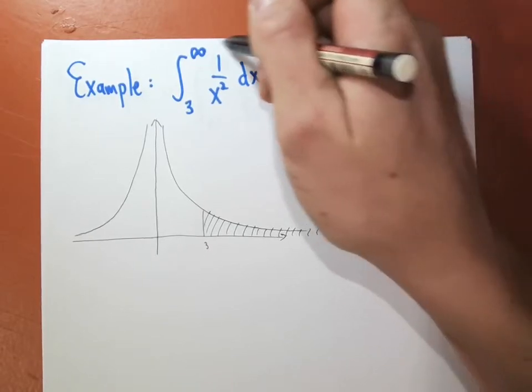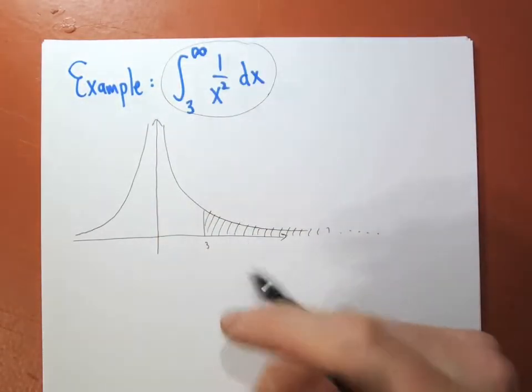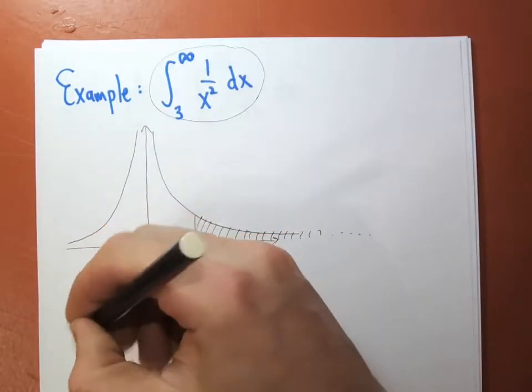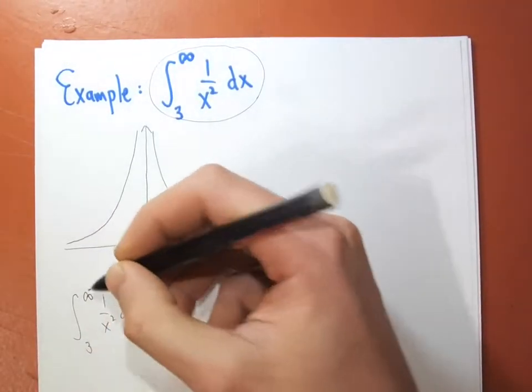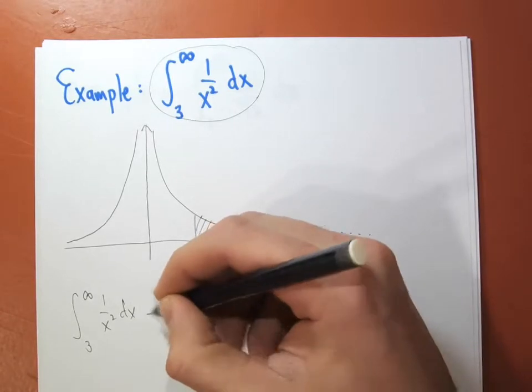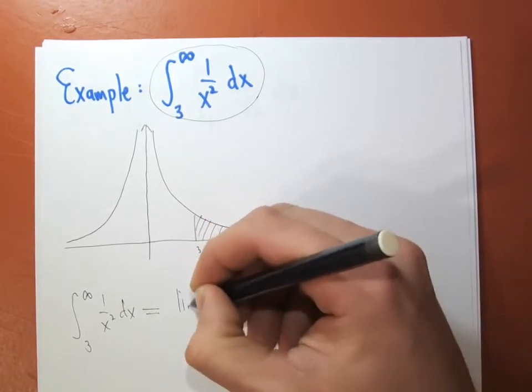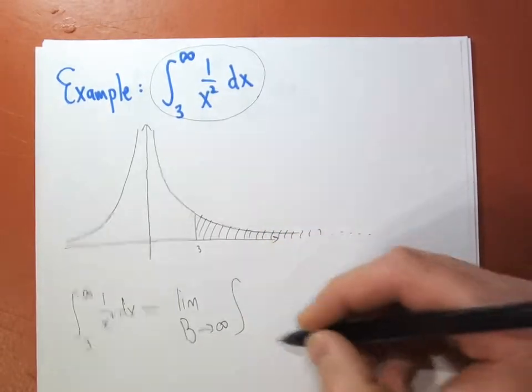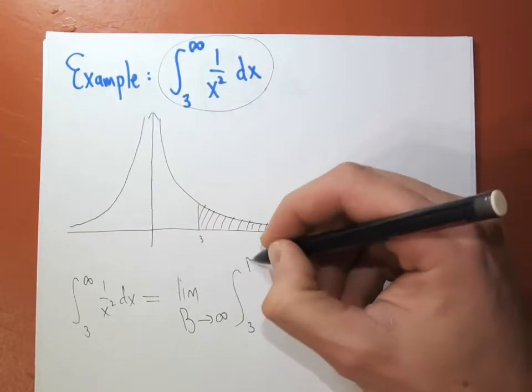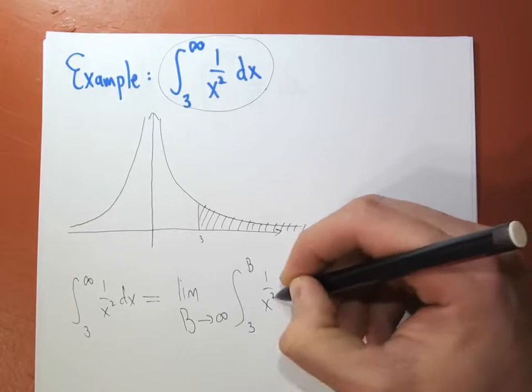So always, if you're given an improper integral, the very first thing to do is this. I'll write the integral from 3 to infinity, 1 over x squared dx. I replace infinity with a letter, say b, and I write this as the limit as b approaches infinity of the integral from 3 up to b of 1 over x squared dx.